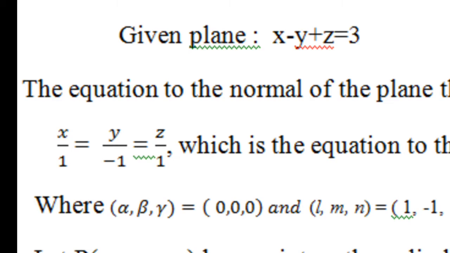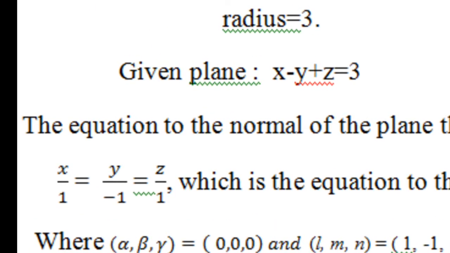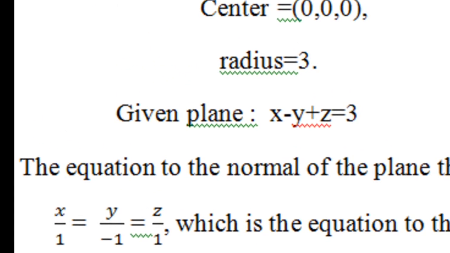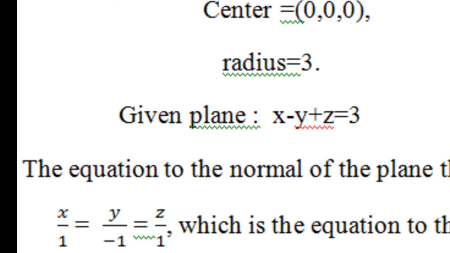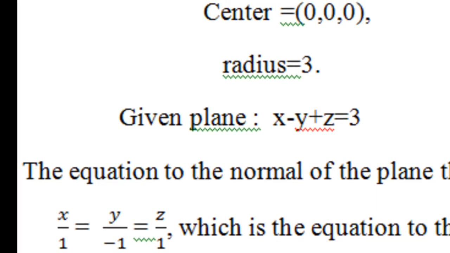Next, why have we written 1, minus 1, 1? I hope you remember, since the line is perpendicular to the plane, the DRs of the plane are equal to the DRs of the line. If you observe the plane equation, x minus y plus z is equal to 3, you can observe the DRs of the plane: a is 1, b is minus 1, c is 1.